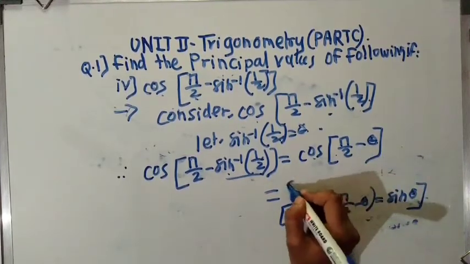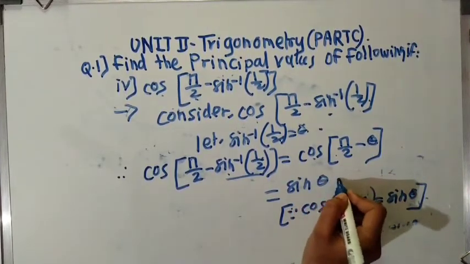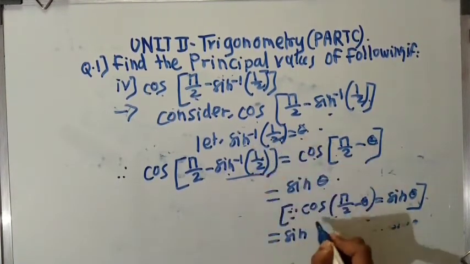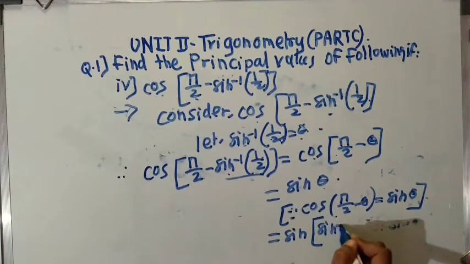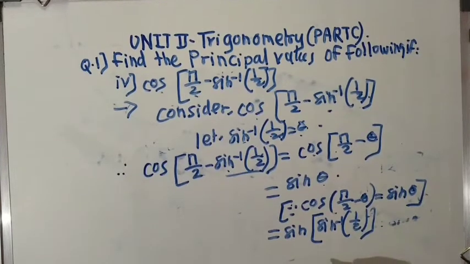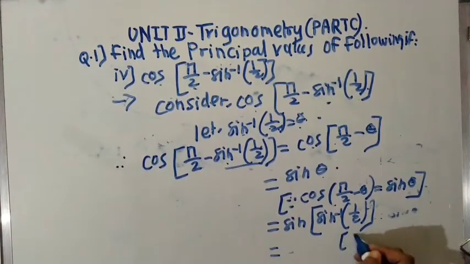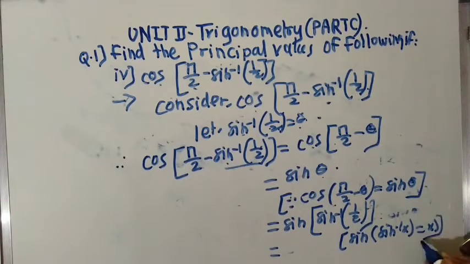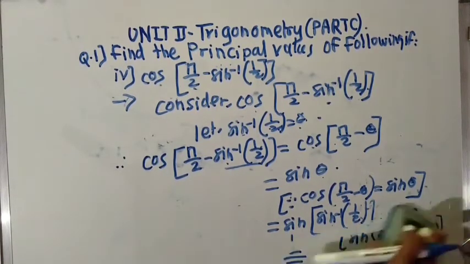But theta is the sine inverse of 1 by 2, and we know that sine of sine inverse of x is equal to x, hence sine of sine inverse of 1 by 2 is 1 by 2. Hence 1 by 2 is the answer.